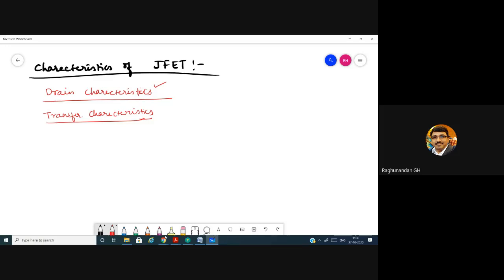The same thing we are going to do in the drain characteristics. We are going to plot the waveform between the voltage and the current.